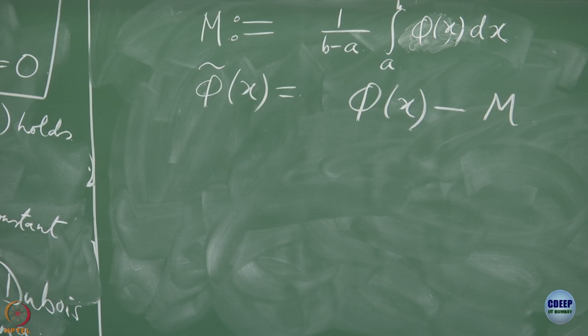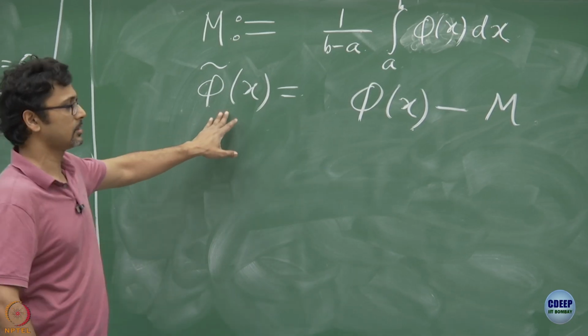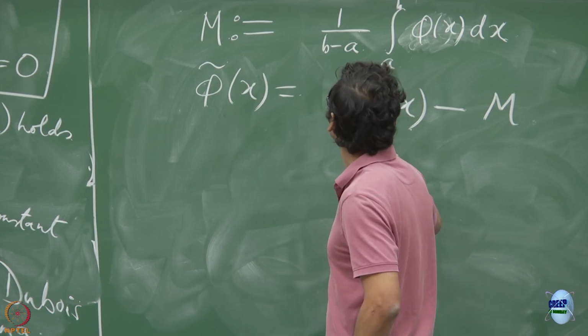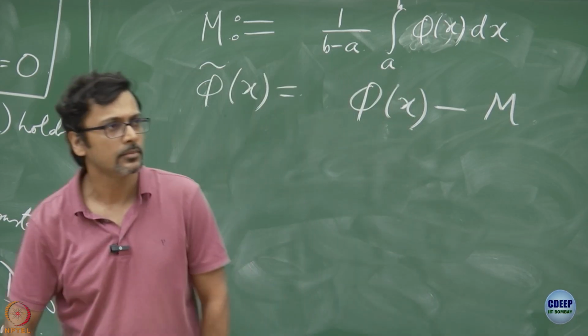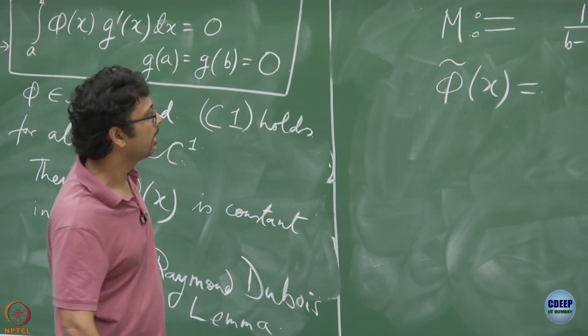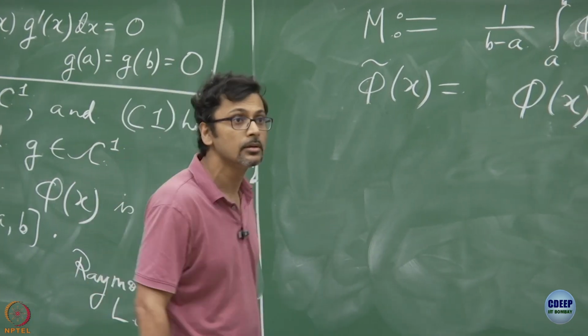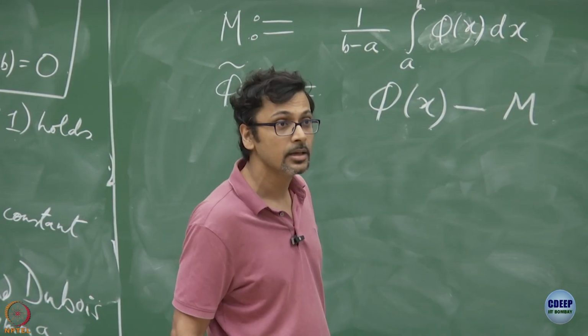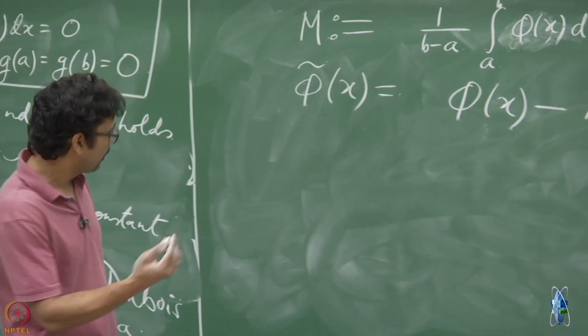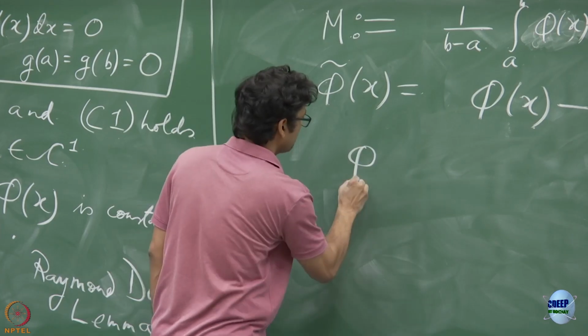What can you say is a property of this fellow here? Anything that strikes out as a property of this object? No, that's okay. Anything else that's relevant? Integration from a to b will be 0. Why so? Okay, let's try. Very good.